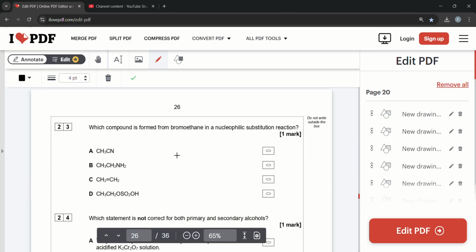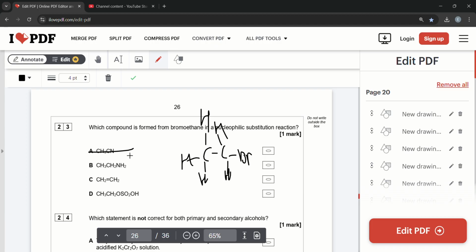Which compound is formed from bromoethane in a nucleophilic substitution reaction? Bromoethane, methane, ethane. So we need a CH3CH2.